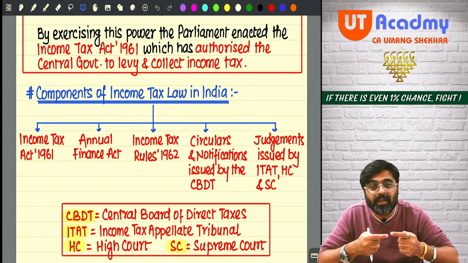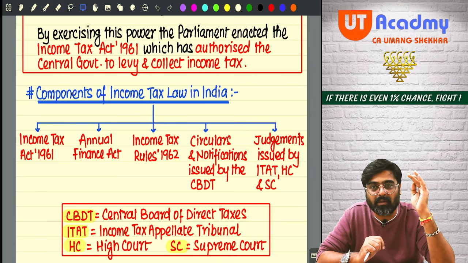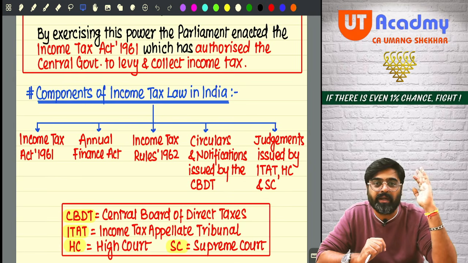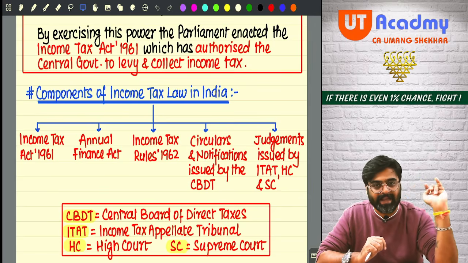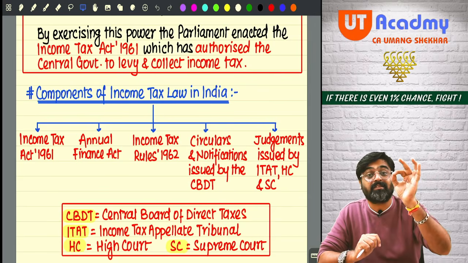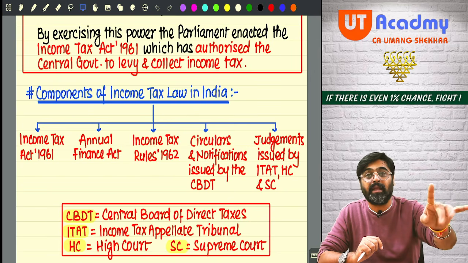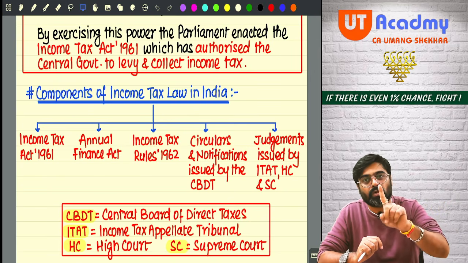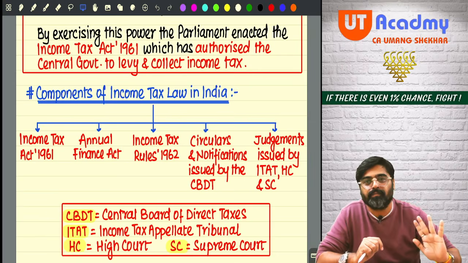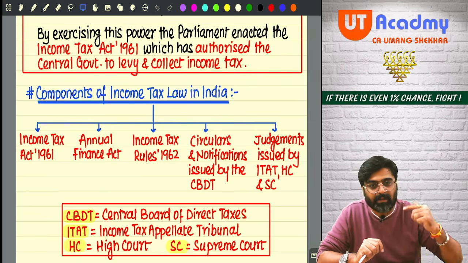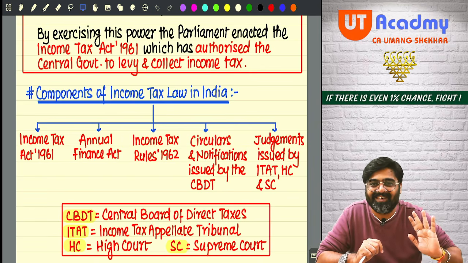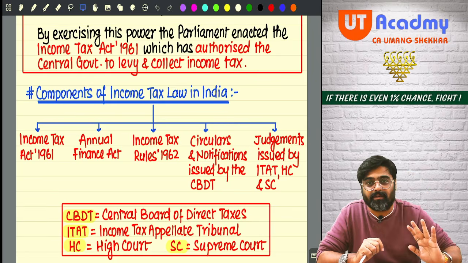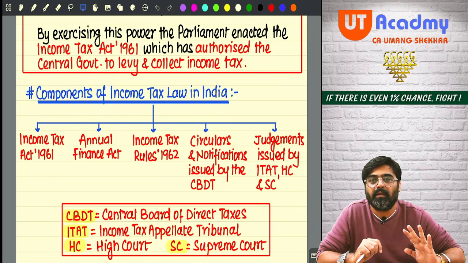So likewise, if you keep on counting the number of sections, it goes beyond 800. But if someone asks you in the examination how many sections are there in the Income Tax Act, you are supposed to say 298. That's it. But in practical life, if you go and count, it is more than 298. In fact, more than 800. Got it? Everyone?